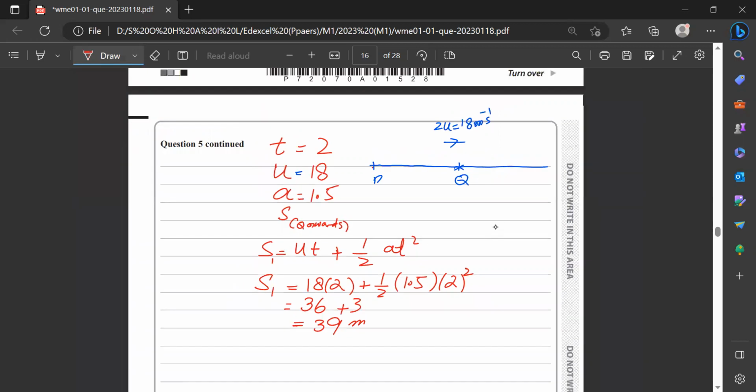So 39 meters here. It was 162 from P to Q and 39.